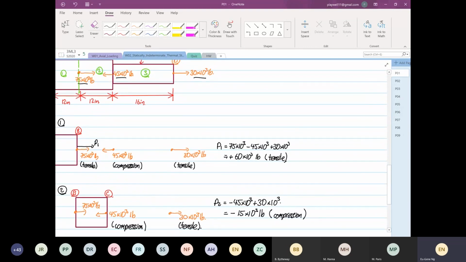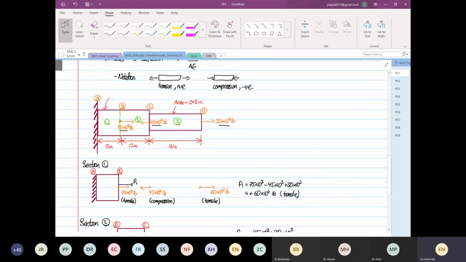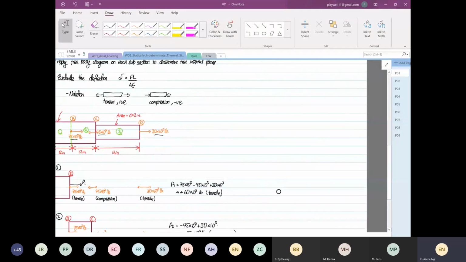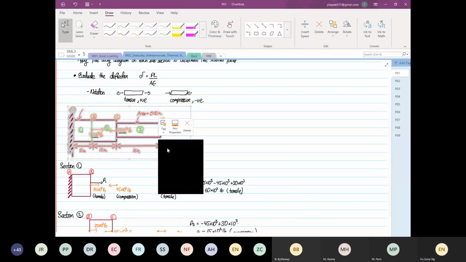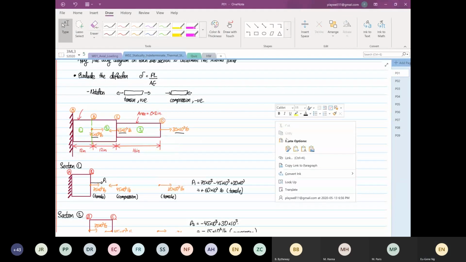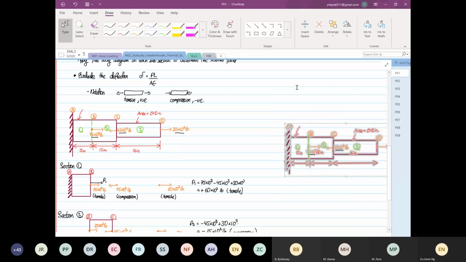So let me explain this. Okay, I'm going to take the structure. I'm going to take this structure over here. I'm going to paste, and then I'm going to rotate.